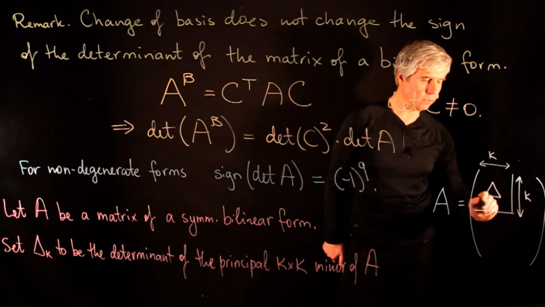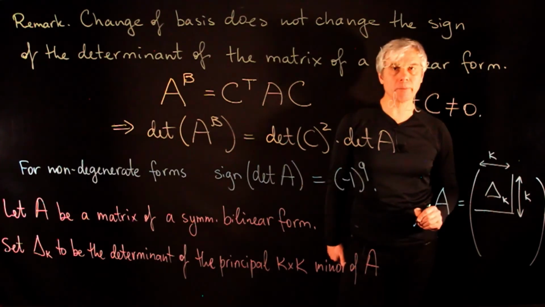And the determinant of this K by K matrix we denote by delta k.